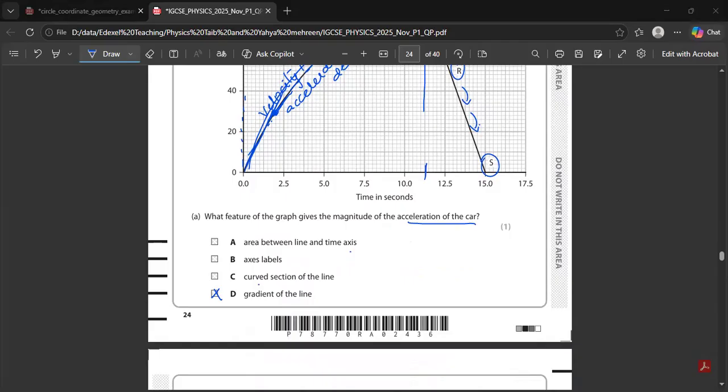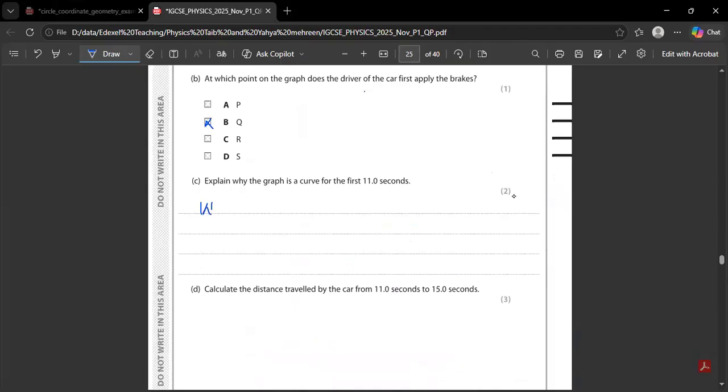The drag or air resistance increases. So when the speed increases, drag or air resistance increases, right? Clear?